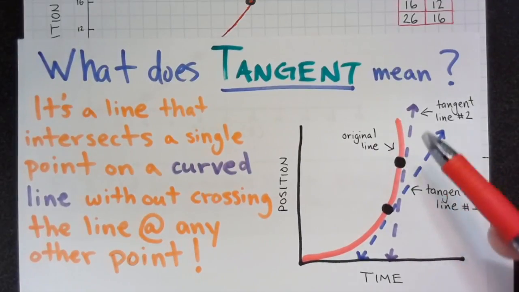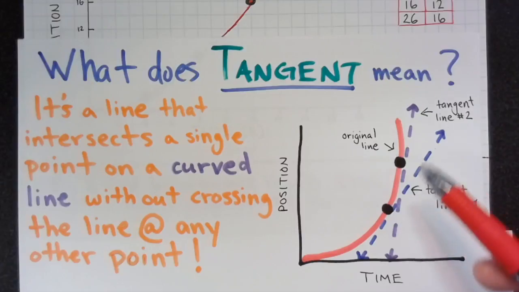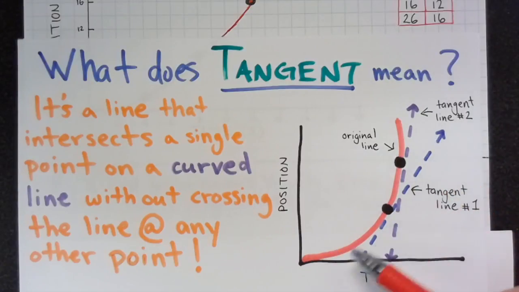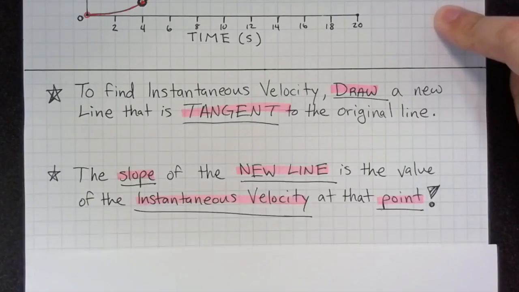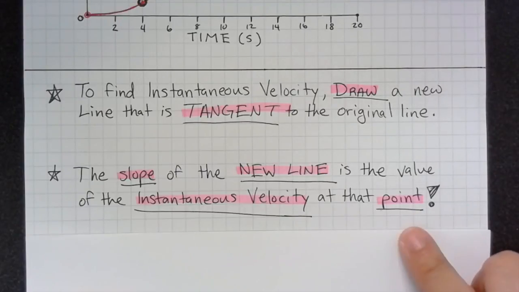If you look, this line is not the same as this line here. So this proves that instantaneous velocity differs at different points on the original line. To reiterate, the slope of the new line is a value of the instantaneous velocity at that point.